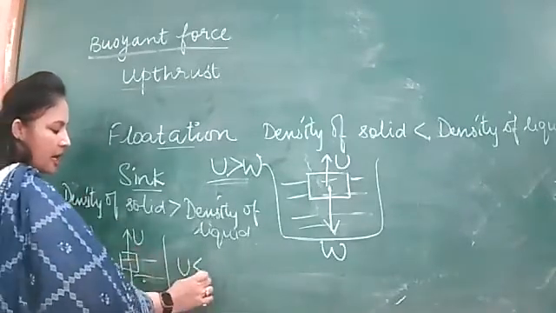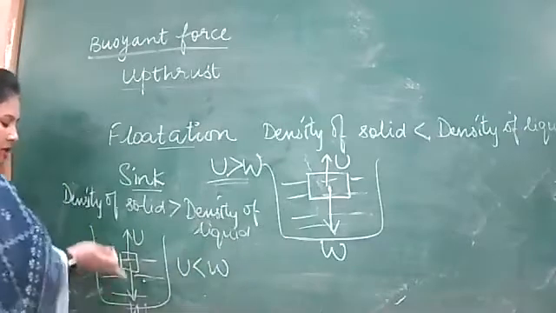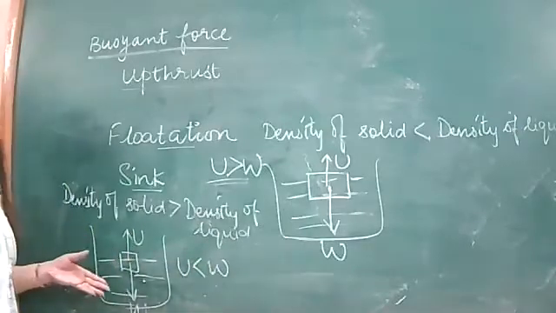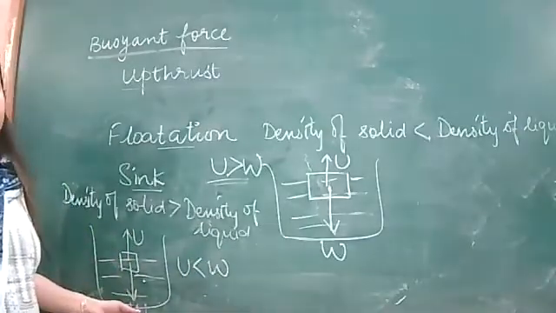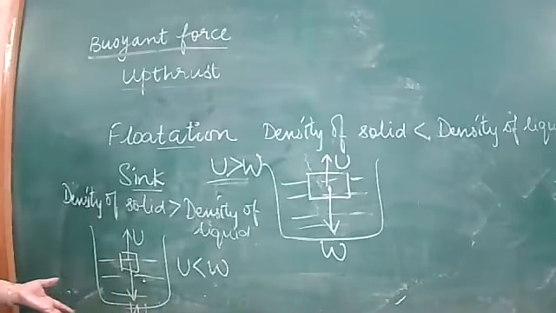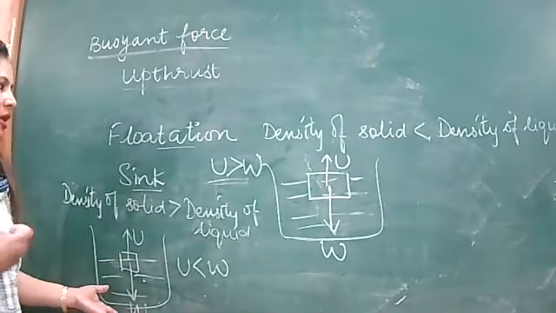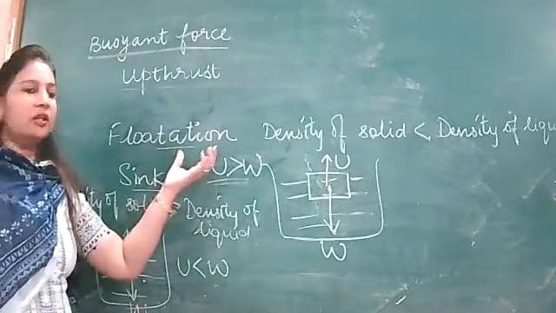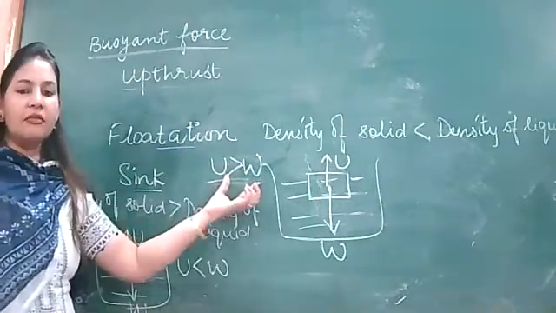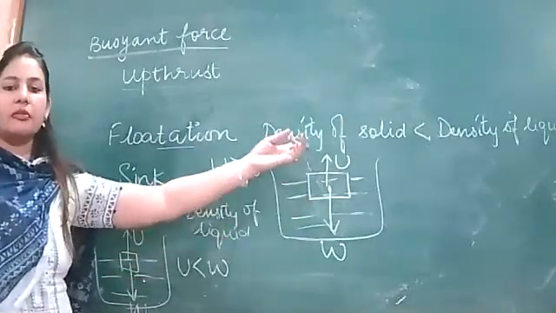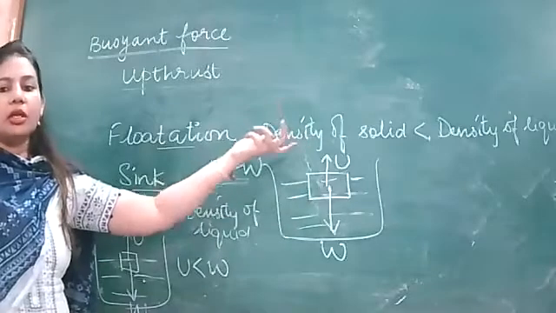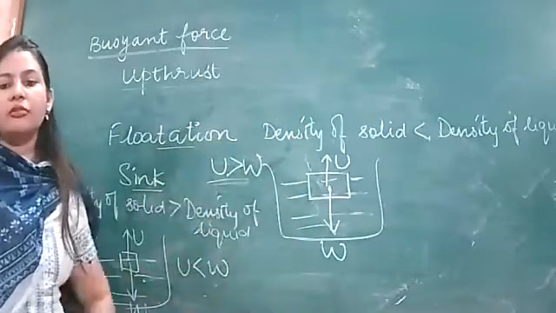So in this case, upthrust is less than weight. Weight is acting in the downward direction, so it will take the body downwards. So the body will sink. But in case of flotation, when upthrust is more than weight, upthrust always acts in the upward direction. It will keep the body up. It will keep the body floating.